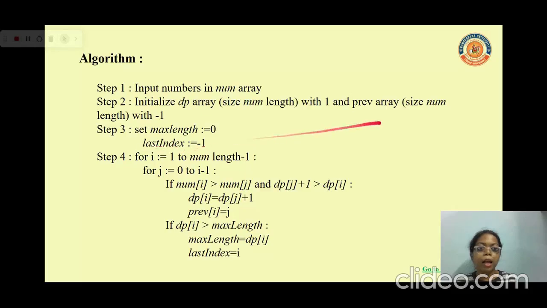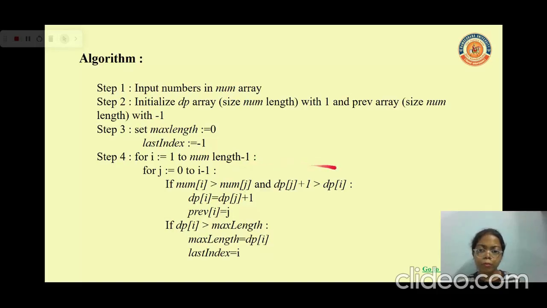And last index: as we are keeping track of previous elements in the previous array, but we are not considering the very last element we will get in our subsequence, to note it down we are using last index here, and it is initialized to -1.